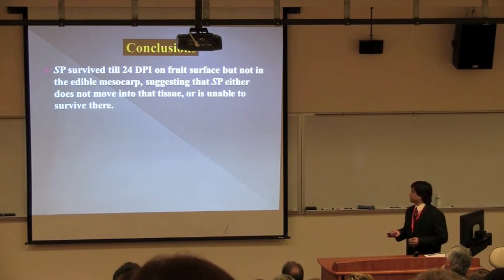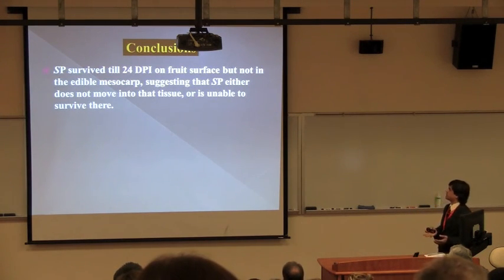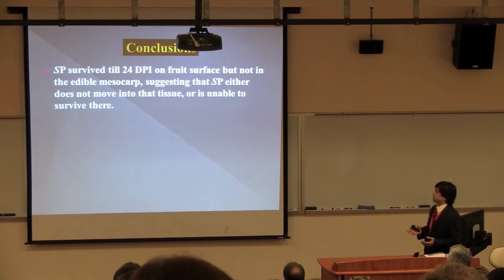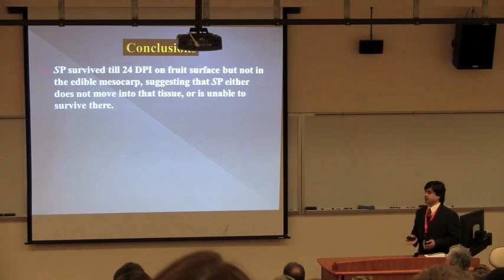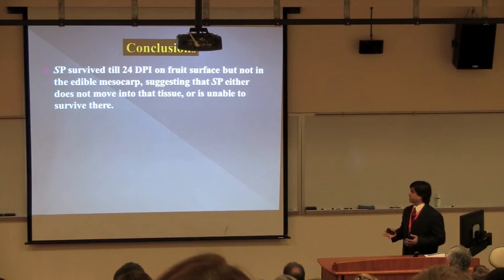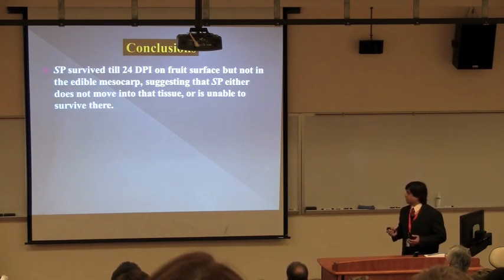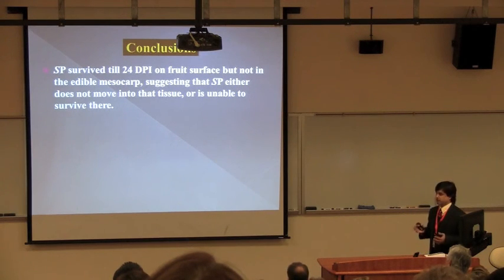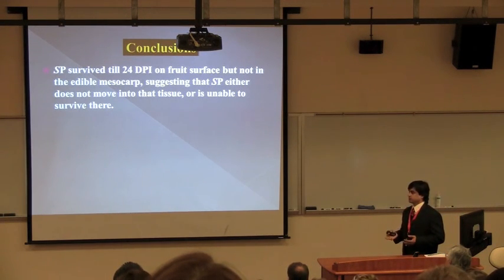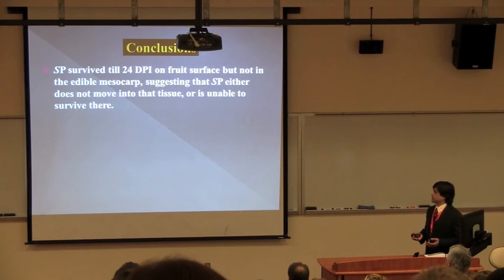So what we found is Salmonella was able to survive on the fruit surface for a longer period of time, still at the time of harvesting. And we don't know whether Salmonella went inside the fruit or was not able to survive in those tissues.